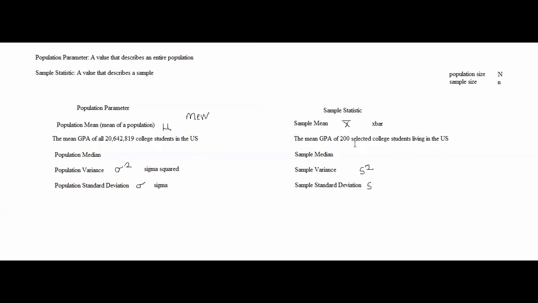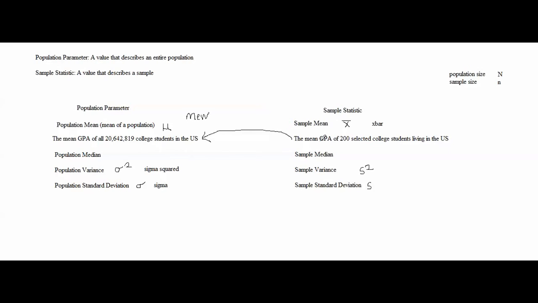And then the sample statistic helps us get a rough idea of what the population parameter equals. For example, a person who's calculating this sample statistic right here is doing that to estimate what this population parameter over here equals.